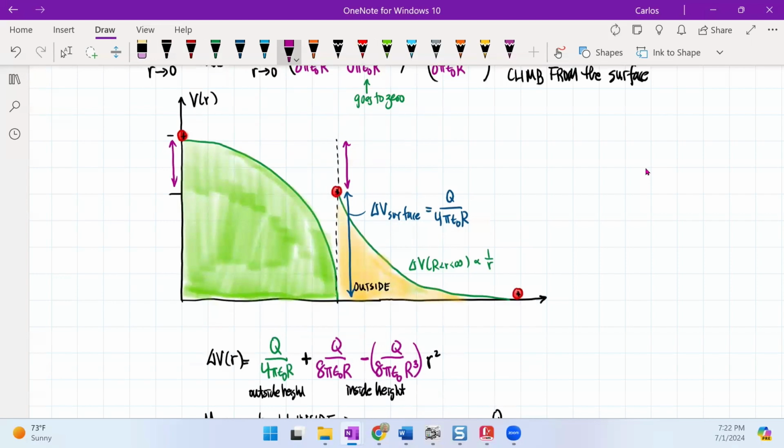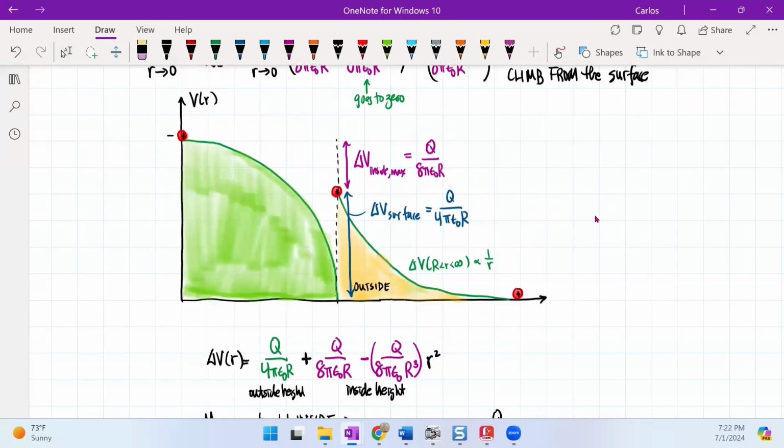That height will then be Q over 8 pi epsilon big R. Actually, I don't think I want to put that there. I'm going to bring this over here because I have other plans there. So I'm going to say that this guy is the inside max, which is equal to that guy right there. That's at r equal to 0.